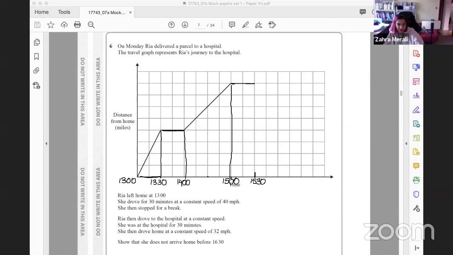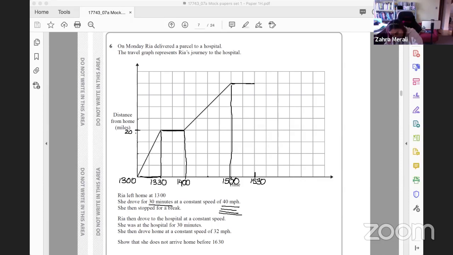Okay, so let's try to figure out where she's got to. She drove at 40 miles per hour to start with for 30 minutes. So that's saying in 1 hour, she goes 40 miles. So therefore in half an hour, she's only gone 20 miles. So now we can see that 1, 2, 3, 4 squares is 20.